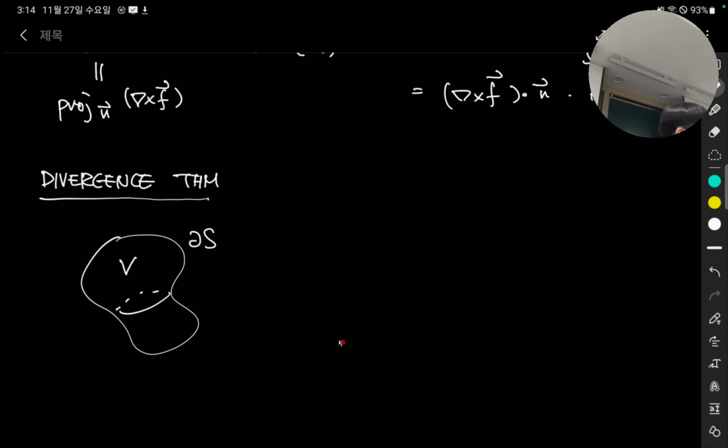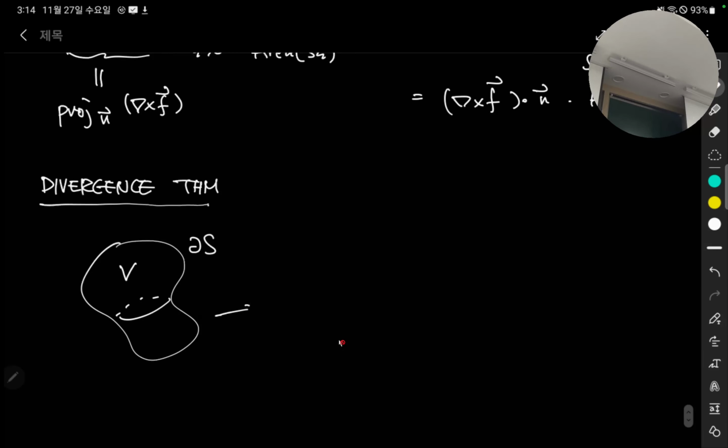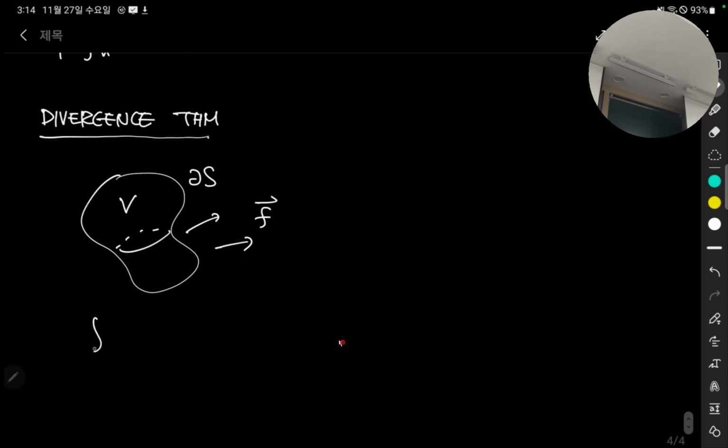So the boundary of a volume has no boundary. We also assume that a vector field is flowing inside this three-dimensional space, and what we are trying to compute is the divergence of this vector field inside the volume.